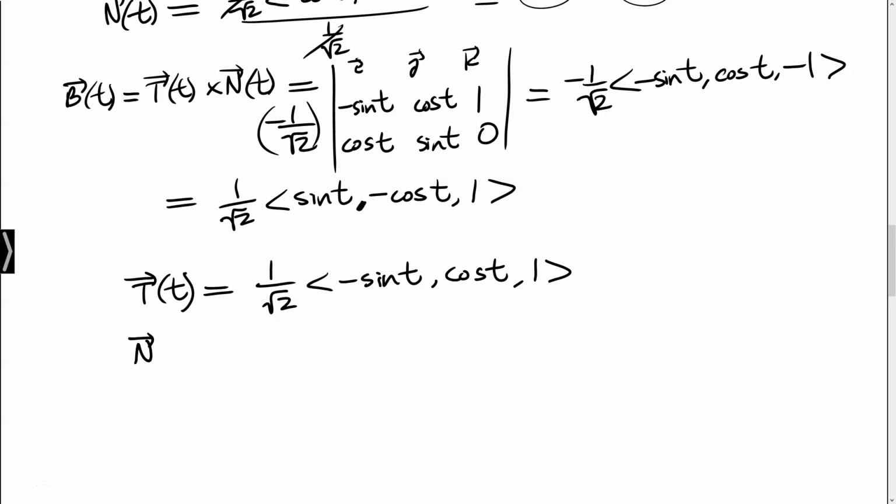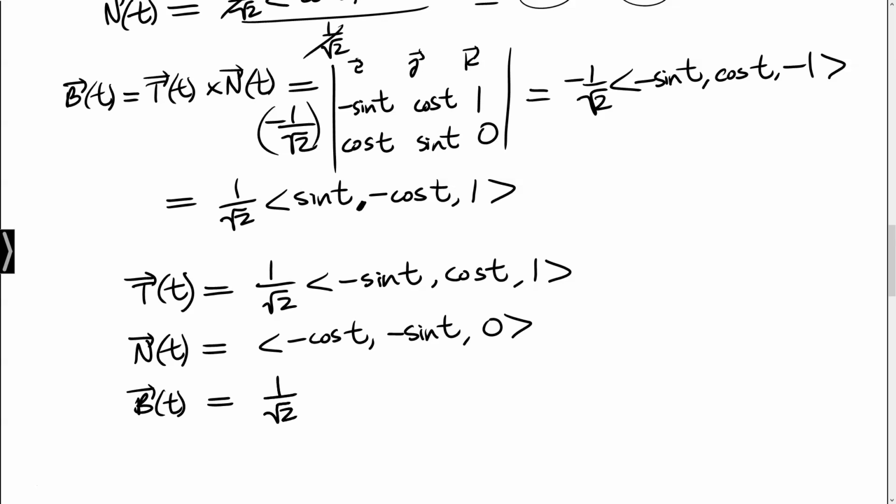Our unit normal was minus cosine, minus sine, 0. And then our unit binormal is 1 over root 2 times sine, minus cosine, 1. So a couple things to notice here.